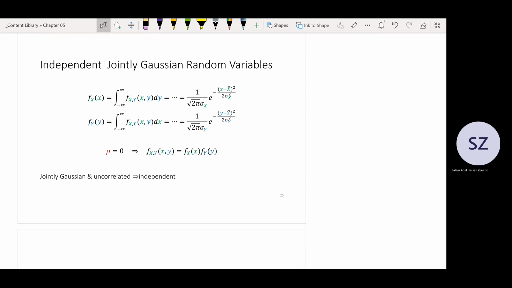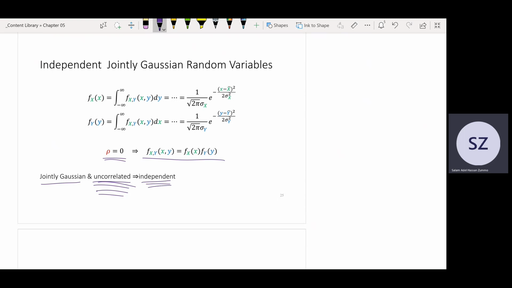When you have rho equals 0, you end up with the joint PDF decoupling into the individual marginal figures. So jointly Gaussian variables that are uncorrelated, as we said, this happens only in jointly Gaussian random variables.